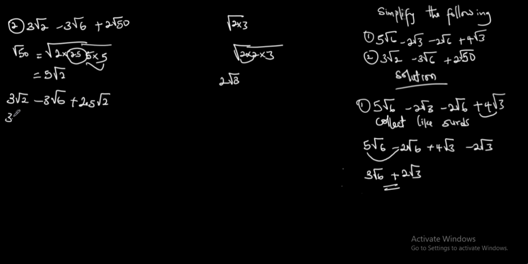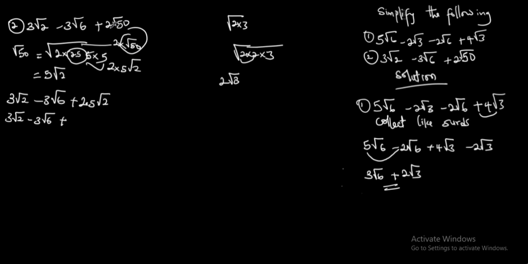So you have 3 root 2 minus 3 root 6 plus... do you know why I'm multiplying 2 and 5? Now, if you look at this, 2 is already multiplying root 50. So we already have 2 times root 50. Now, we know that root 50 is 5 root 2. So instead of having root 50, let's have 5 root 2. That will be 2 times 5 root 2.